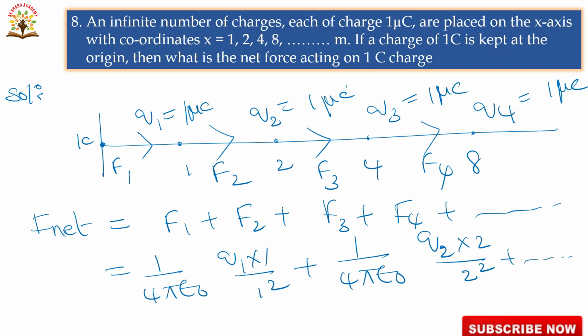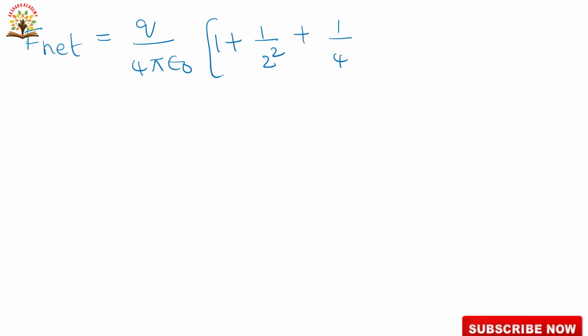Now we are taking Q by 4 pi epsilon naught as common. Next we are writing the net force is equal to Q by 4 pi epsilon naught into 1 plus 1 by 2 square plus 1 by 4 square plus 1 by 8 square plus and so on.